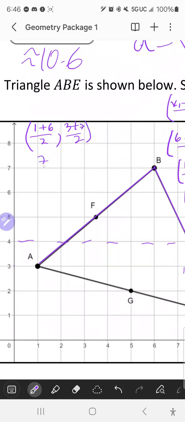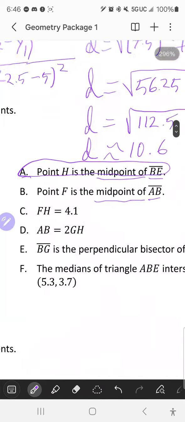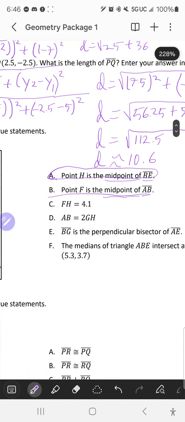This is going to be 7 divided by 2, comma, 10 divided by 2. This is 3.5, comma, 5. So 3.5 is approximately here, and 5 is here. So F is indeed the midpoint of AB. This is true.